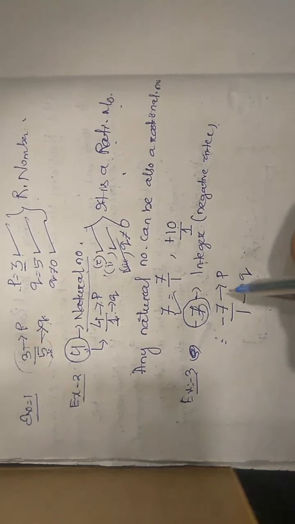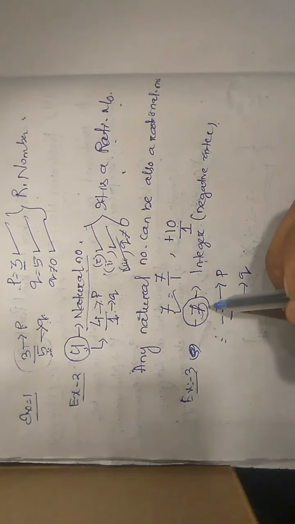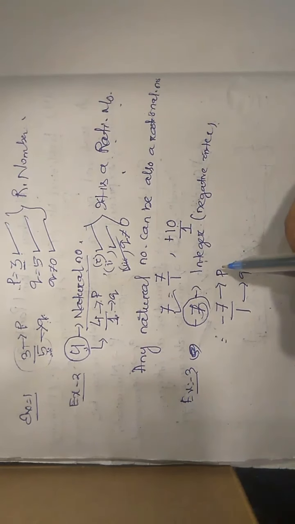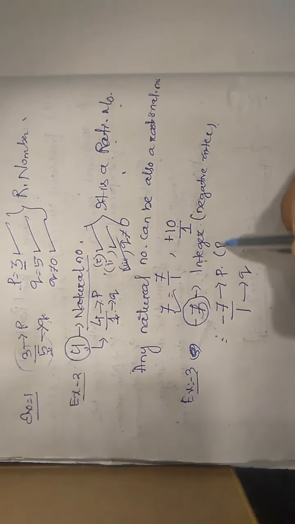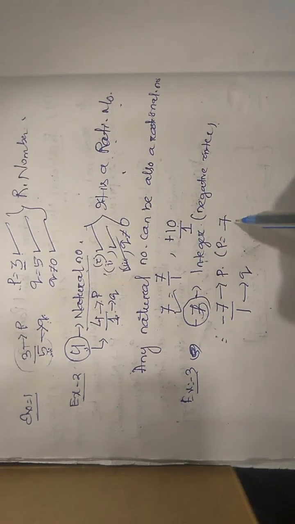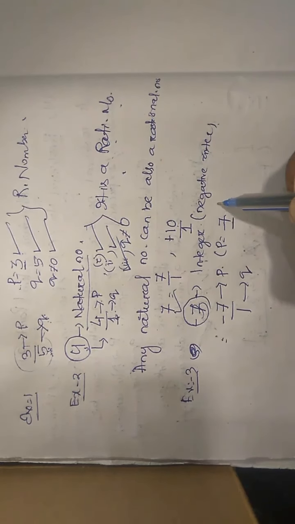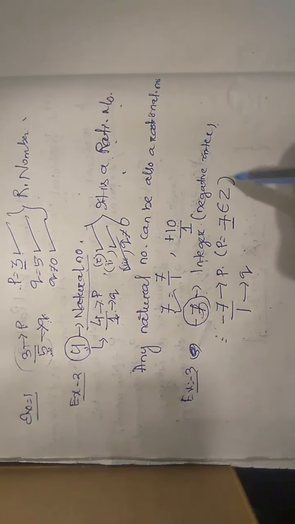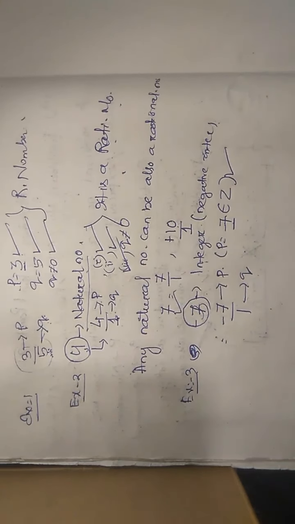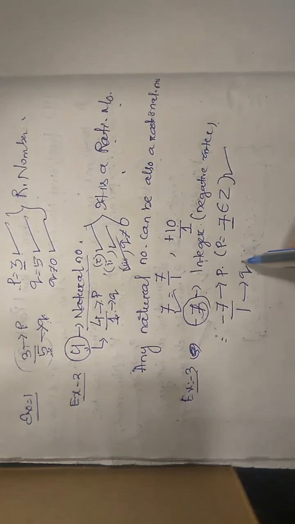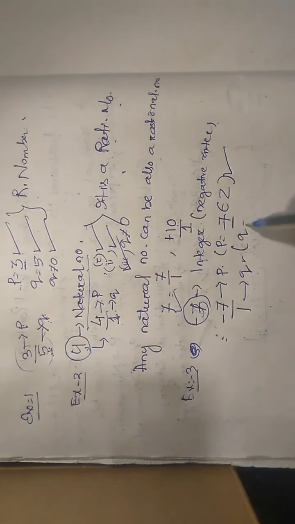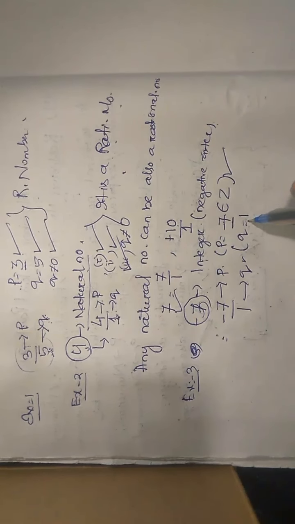Now let us verify whether all the three conditions will be satisfied by minus 7 or not. So here p is equal to minus 7. And you know minus 7 is an integer. Yes or no? Yes, it is an integer. So you can write it belongs to z. So first condition satisfied. Coming to condition 2, that is q is equal to 1, and 1 is also an integer.